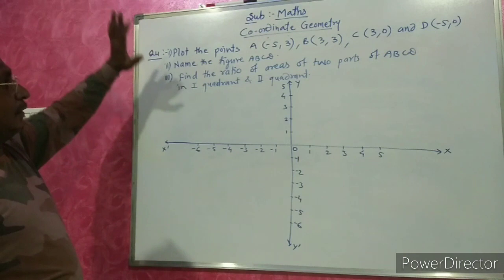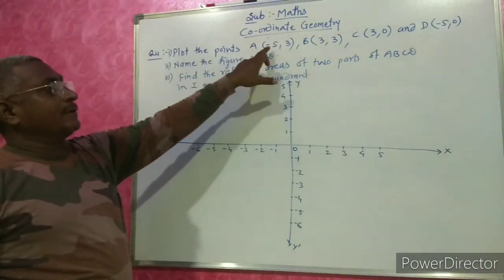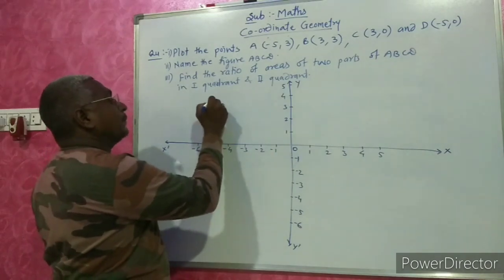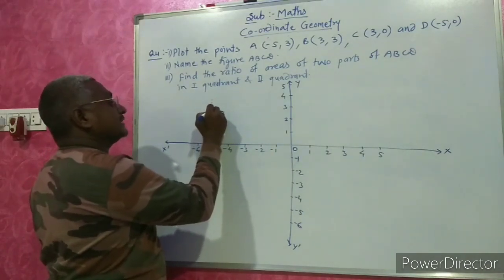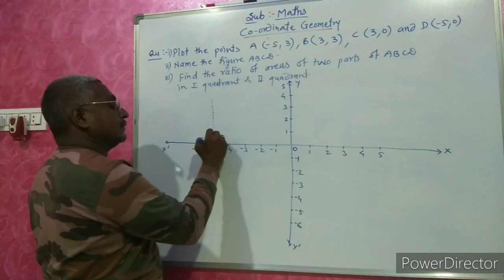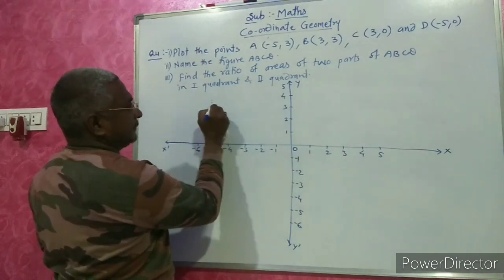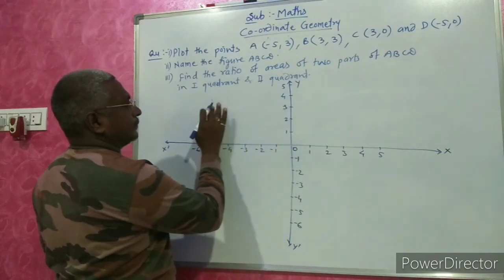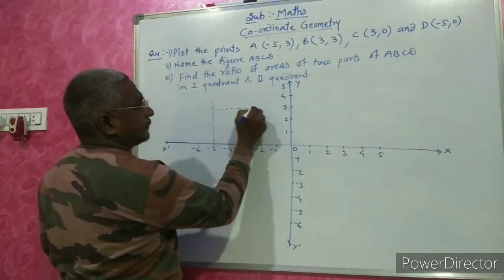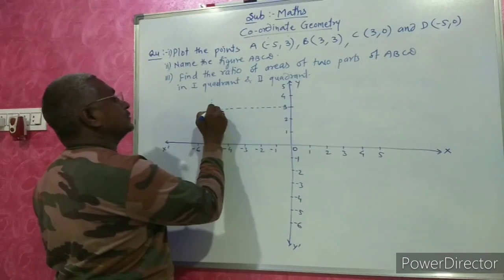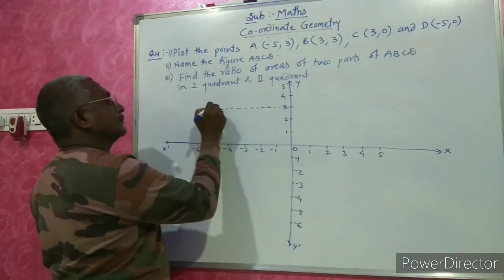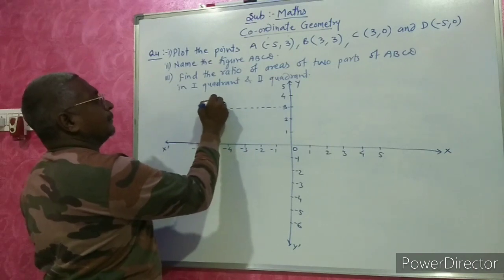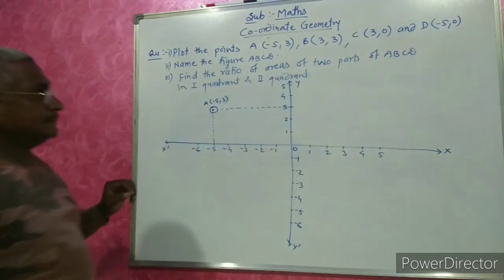Okay, now plot the point (-5, 3). At minus 5 we have to draw a perpendicular, and at 3. So this is the point, this is A (-5, 3).